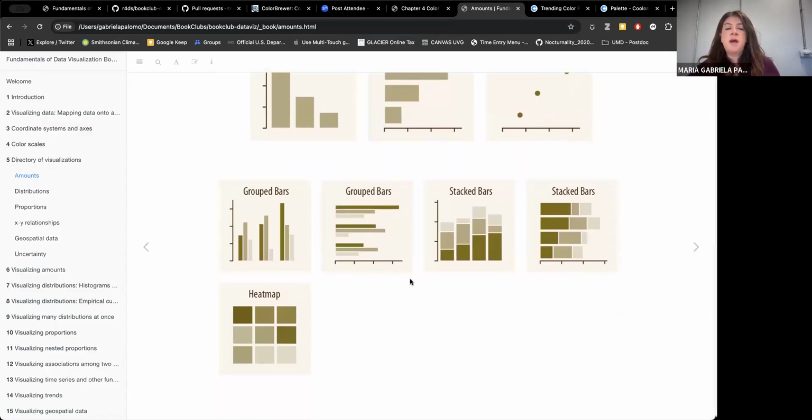But when you have grouped values, you have the option to do grouped bars, again horizontal or vertical, and stacked bars. We also have heat maps, which is one of my favorite graphs to do. If I can do a heat map for anything, believe me, that's what I'm going to do. I just think they're so fun to do.